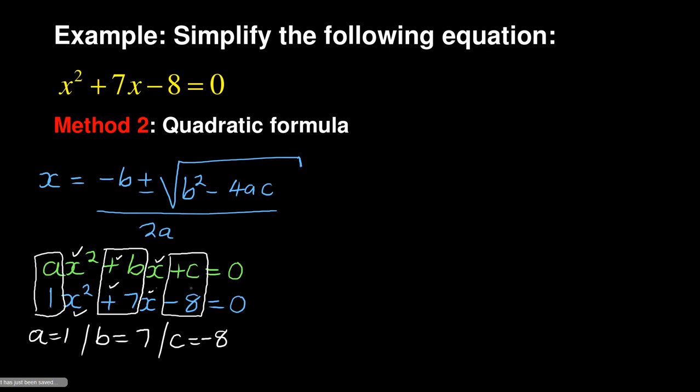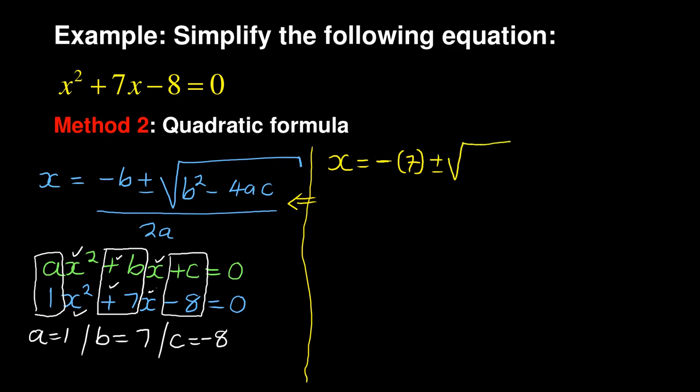So when you have done that, you are now able to input the values in the formula. Remember, we are moving from here, which says x is equal to minus b, so I put my negative, and my b is 7, so I put a bracket and my 7. Then I've got plus or minus, then the square root of b squared, which is 7 squared, minus 4.